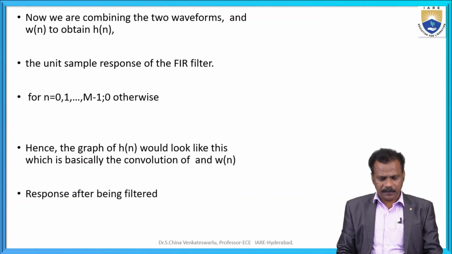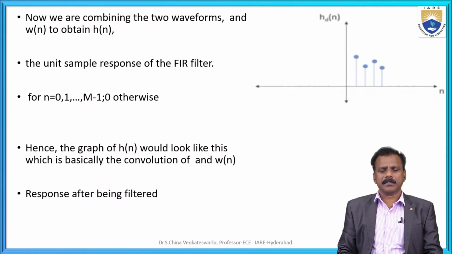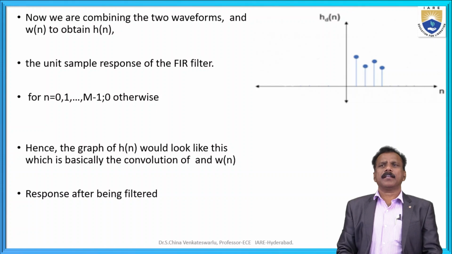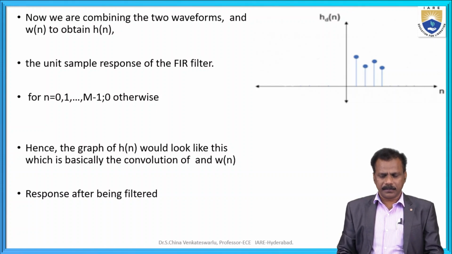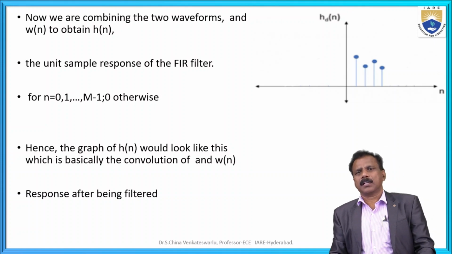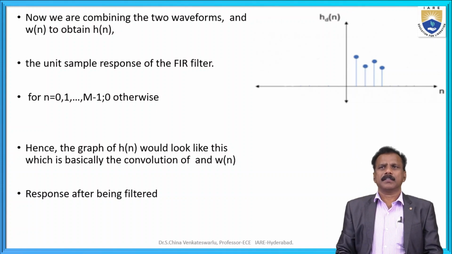Like this, it is the response after being filtered. Like this we are going to verify. Hence, the graph of h of n looks like this, which is basically the convolution of the desired response and w of n. So that is the response after being filtered.